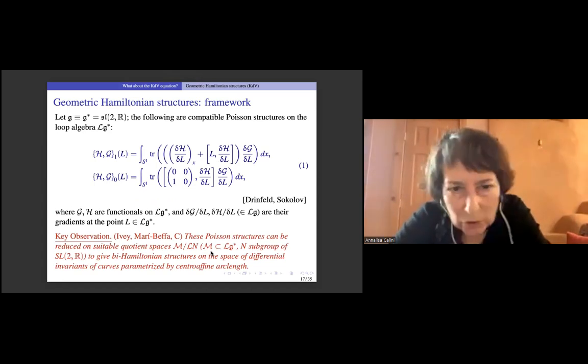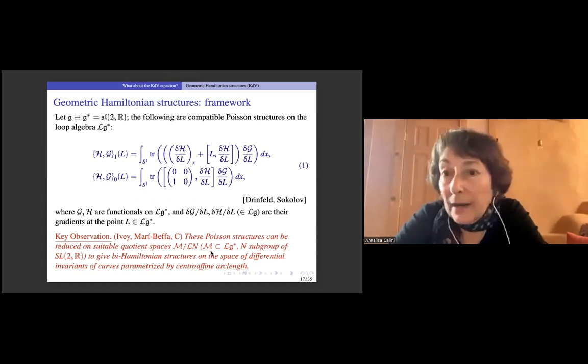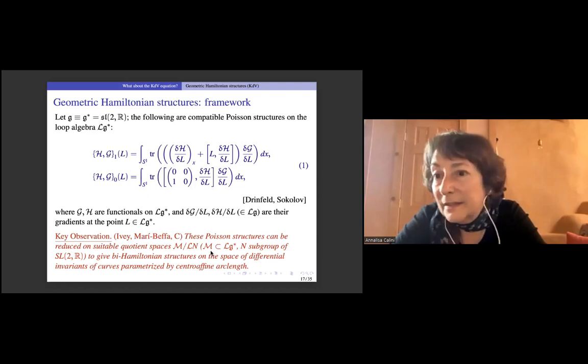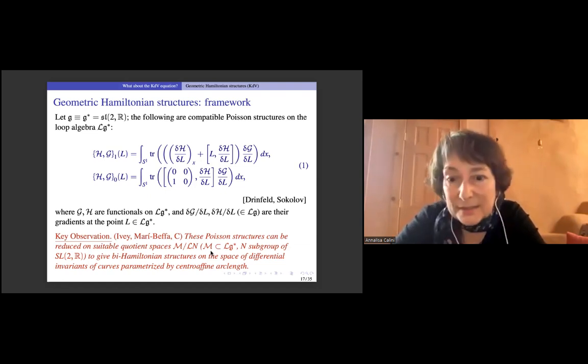The dual of this loop algebra has two natural Poisson structures. They were found by Drinfeld and Sokolov, and they are fairly general structures that enter in KdV-like systems.